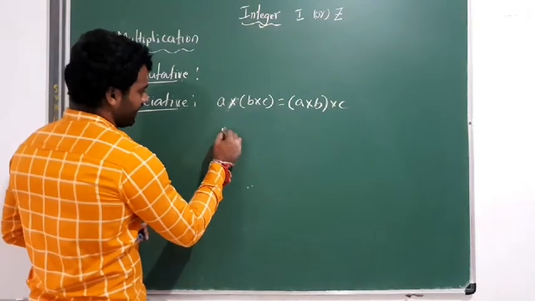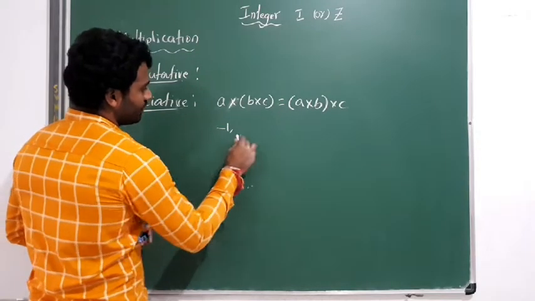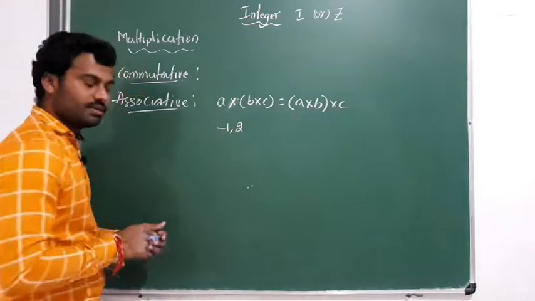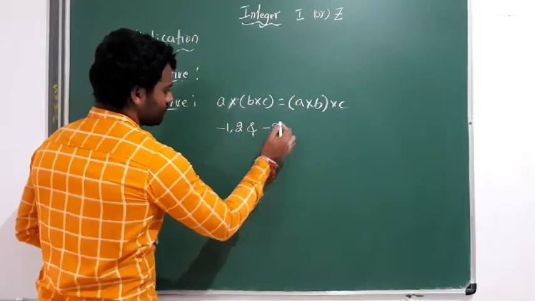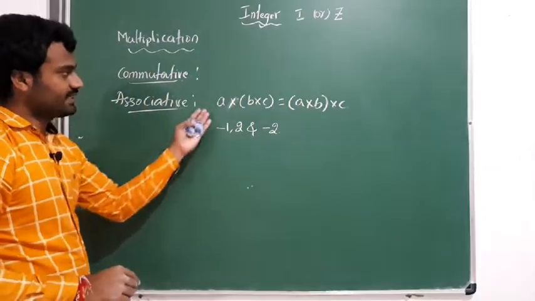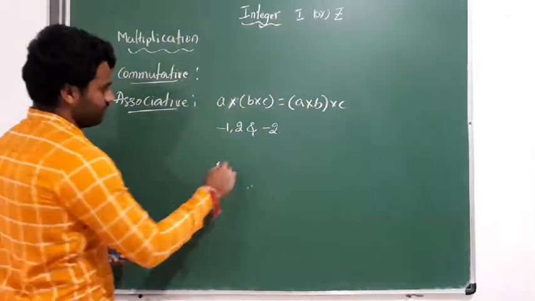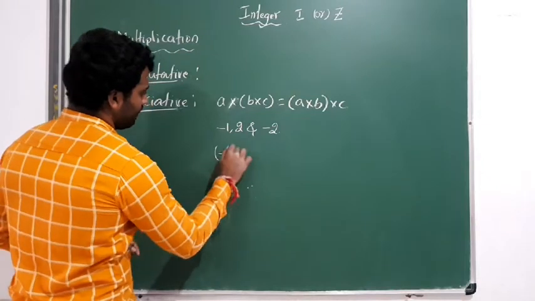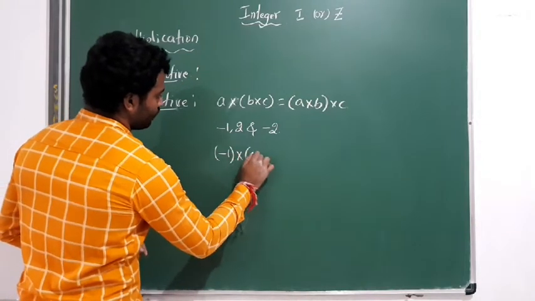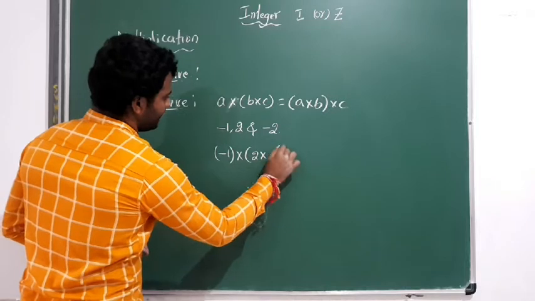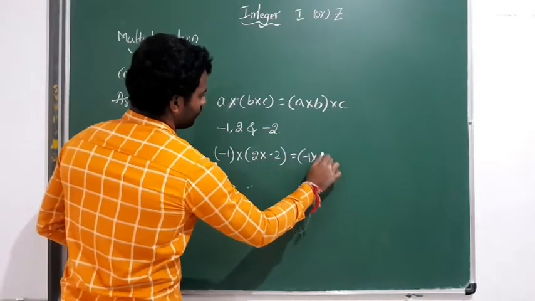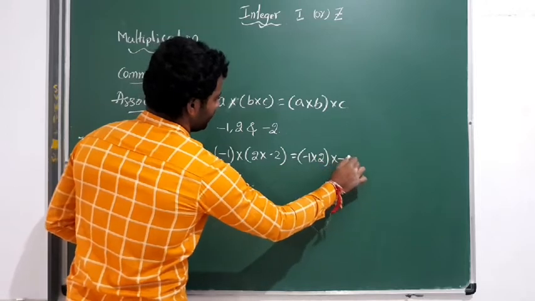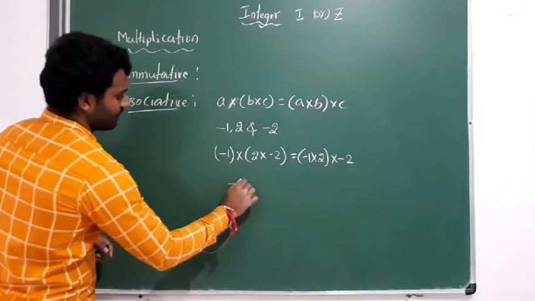Here we have to take three numbers. I will go with 1, -1, 2 and -2. Whether it is satisfying or not, I will see. So -1 into 2 into -2 is equal to -1 into 2 into -2, grouped differently.